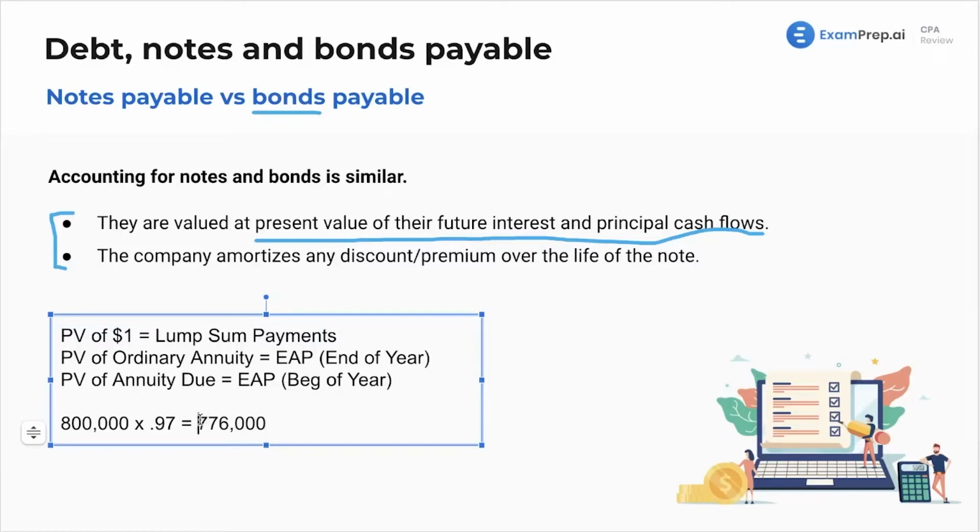So in reality, yes, it still is $800,000, but it has the buying power of 776. Think of inflation. Think of the buying power of your money rather than the actual value. This is the stated value of your money. That is going to be the present value of $1. See, that's a lump sum. So if I'm going to pay you back $800,000 in, let's say, 2 years, we will use the factor of the present value of $1.